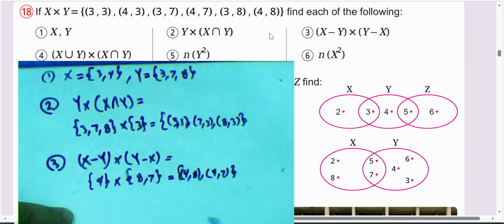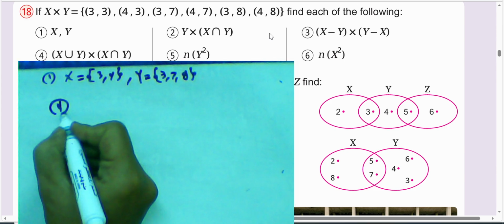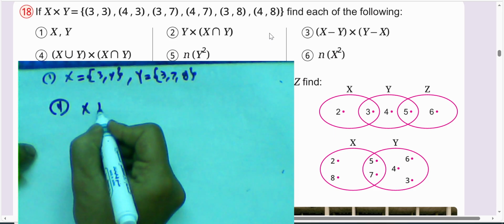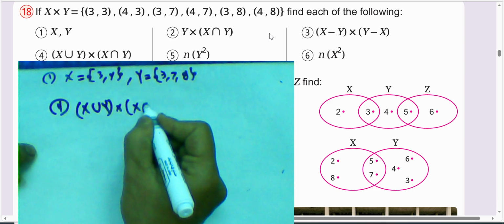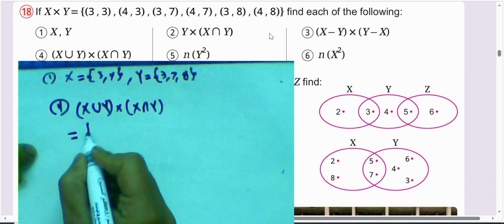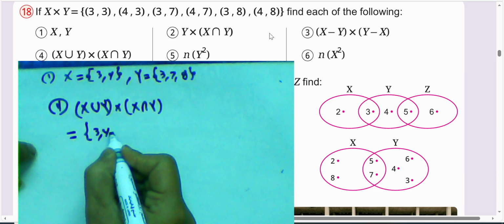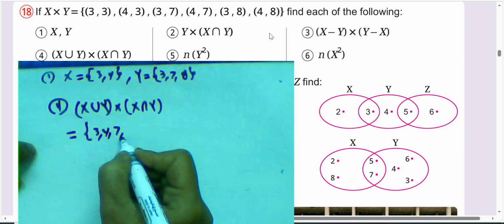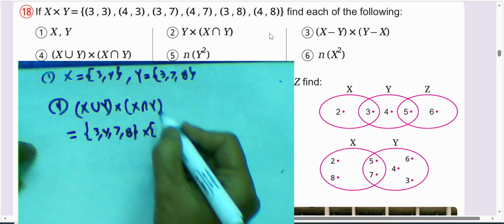Next question, number 4. X union y, Cartesian product with x intersection y. X union y, x and y, write 3, 4, 7 and 8. And x intersection y, we have 3.